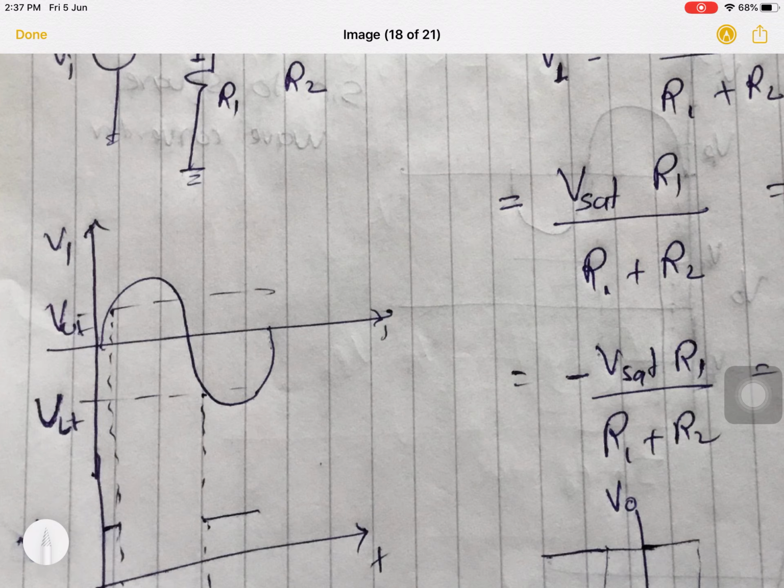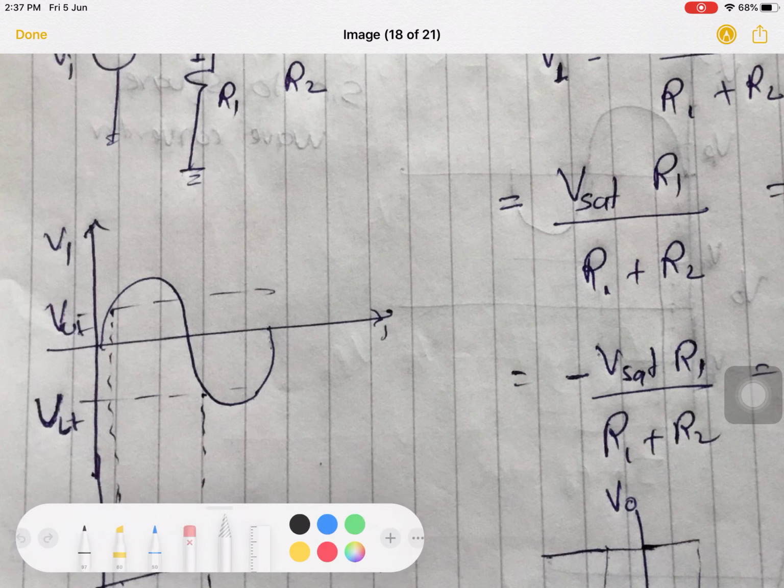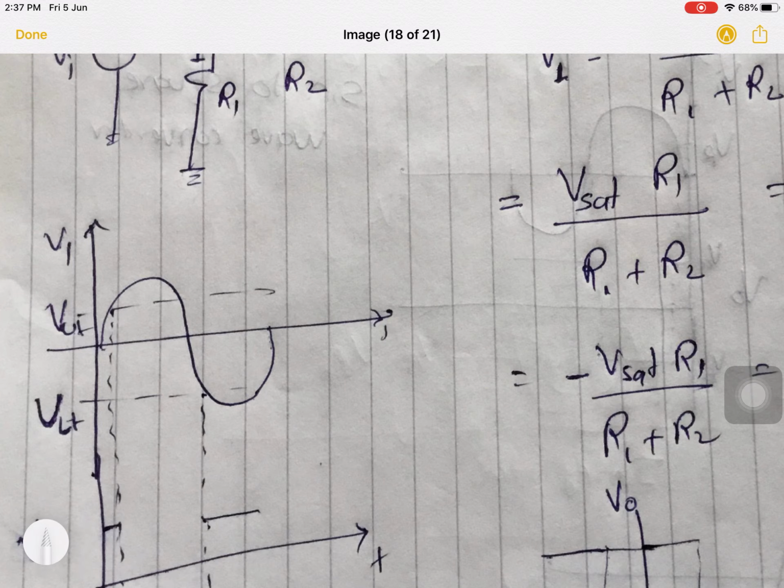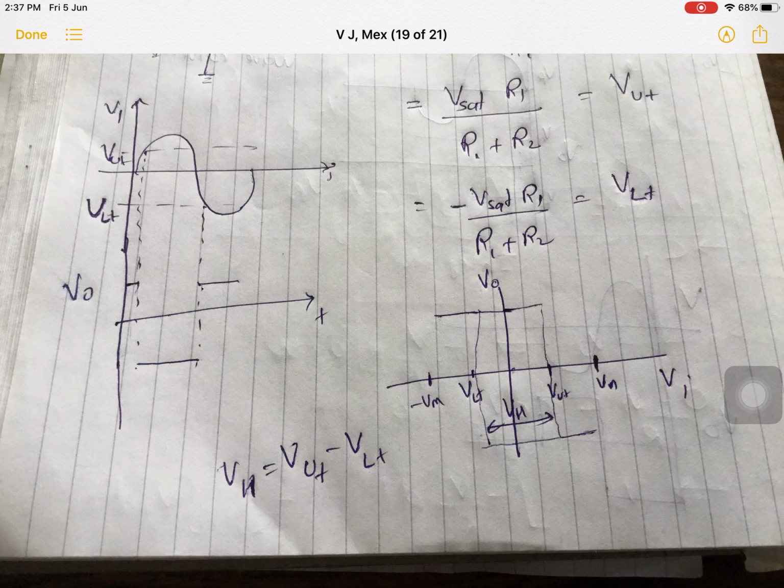In this case, this is Vi. One more thing, what I can do, I'll try to draw it again. For simplicity, I'll try to draw it.